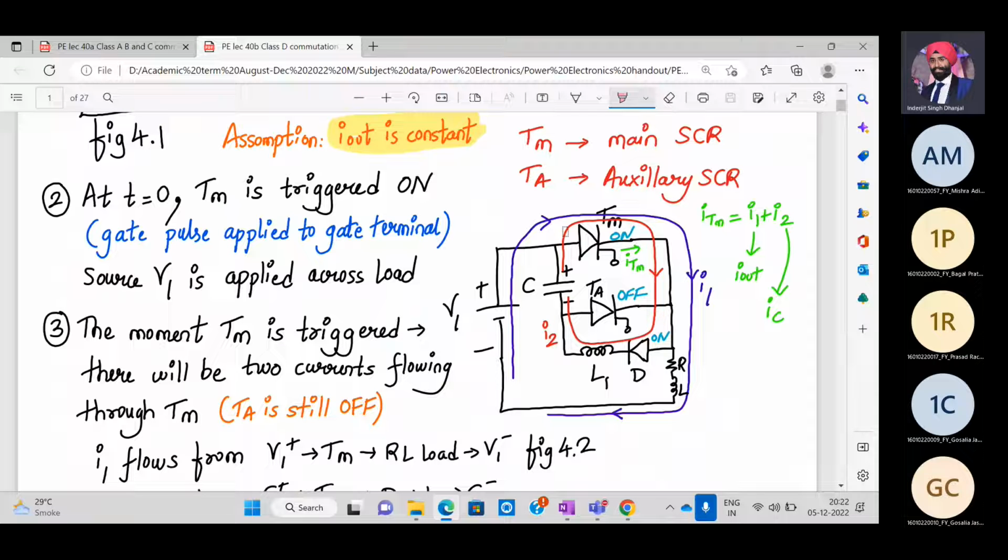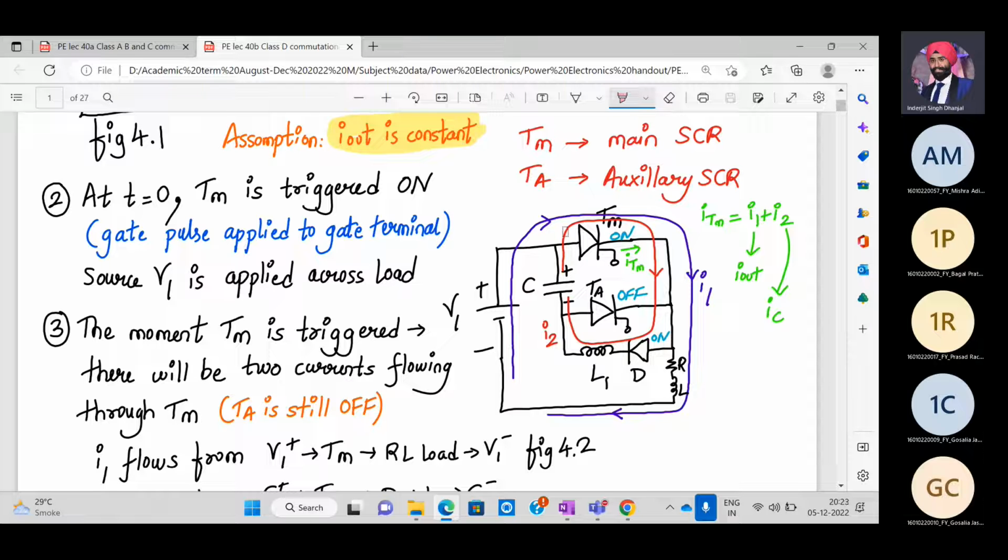One more current is flowing, through V1, TM and load RL. That is the I1 current. That means the main current ITM flowing through the main SCR will be I1 plus I2. So I1 is basically I out and I2 is nothing but the capacitor current.